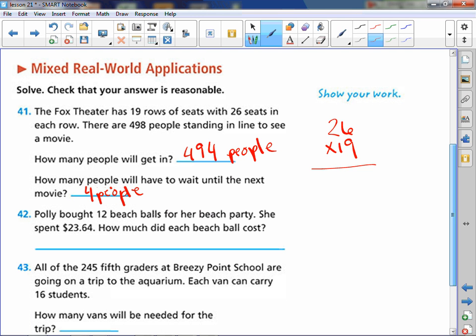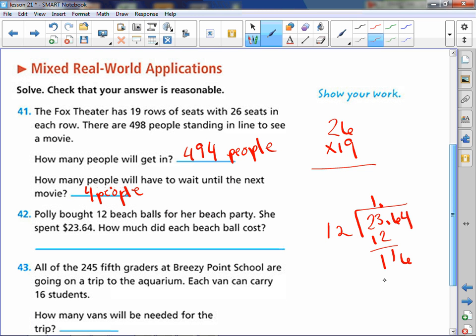Polly bought 12 beach balls for her beach party. She spent $23.64. How much did each cost? So we're going to take 23 and 64 cents and divide that by 12. Okay. 12 into 23 only goes once. Subtract out, you get 11. Bring that 6 down. I'm going to put my decimal up. 12 into 116.